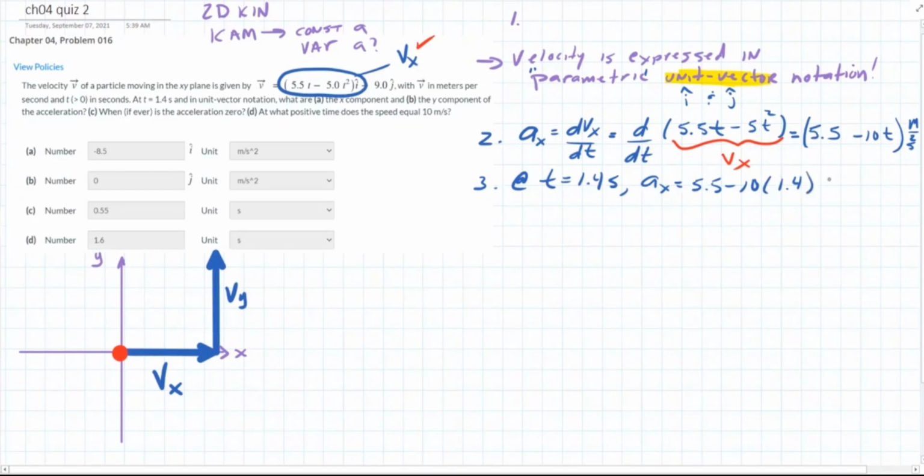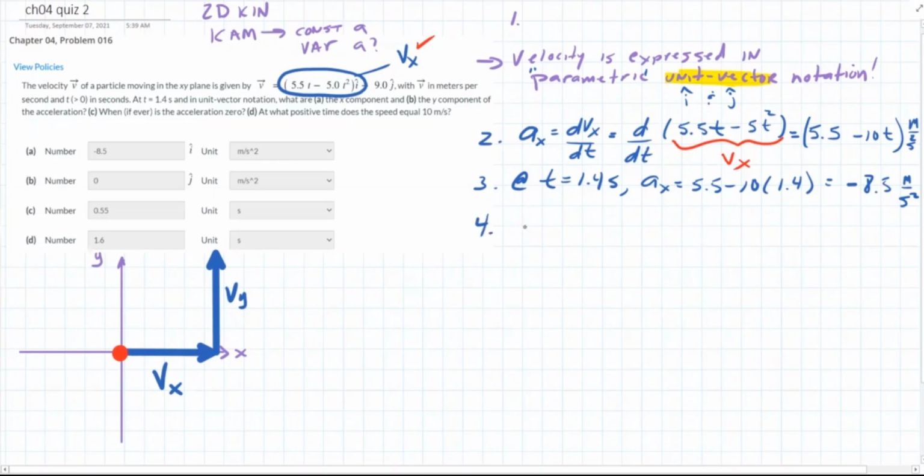Calculator says 5.5 minus 10 times 1.4, negative 8.5 meters per second. Negative 8.5 meters per second squared. Almost made a dimensional analysis mistake. All right, so got it.